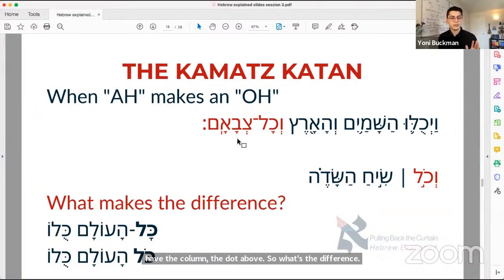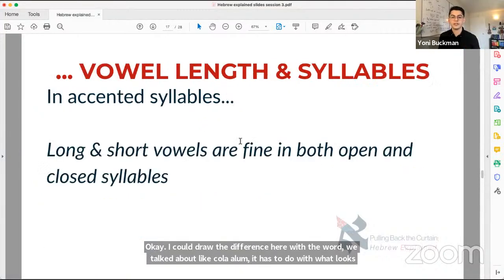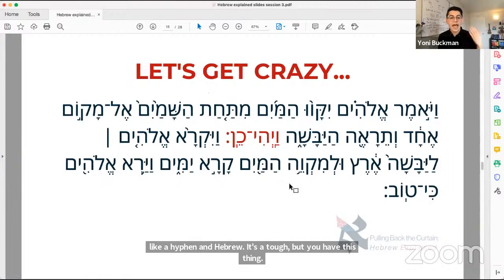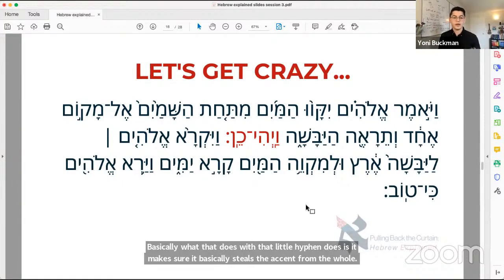Okay, so in Hebrew, if I go back, you'll notice every single word has an accent mark. Every word has a trope mark, except for the ones that have that makaf, the hyphen.